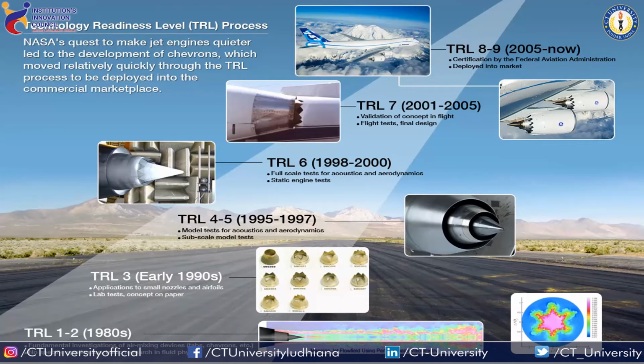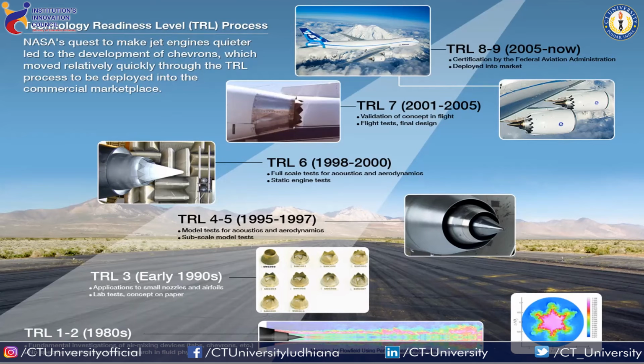Basically, with small aeroplanes, they had already tested that yes, the system can prevent sonic boom, but they were just tinkering around. They were taking that system and attaching it to different sizes of jet planes, and testing its performance. So in TRL level 7, they did that.